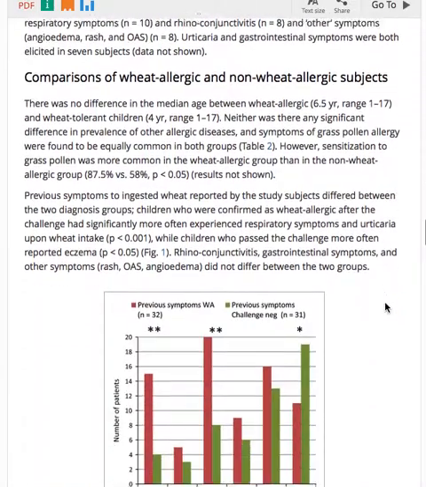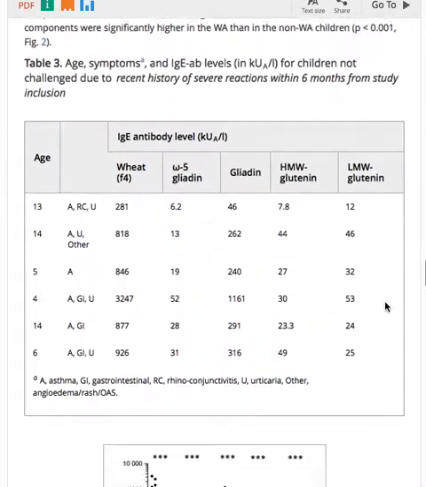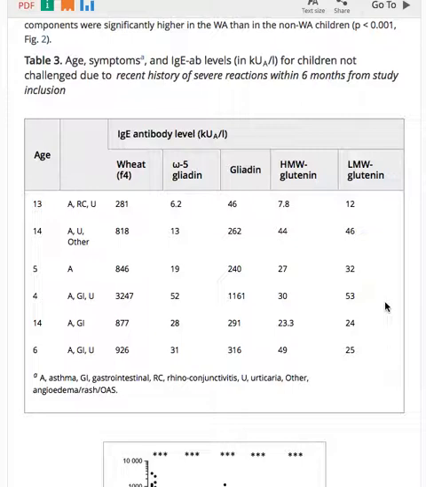One way that they really broke down a further study into diagnosing this allergy is they took 4 different components of what is found in wheat, 4 different wheat components, and then also tested with wheat itself. And they tested the antibody level with all 4 of these different components.